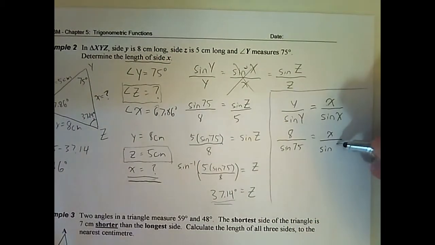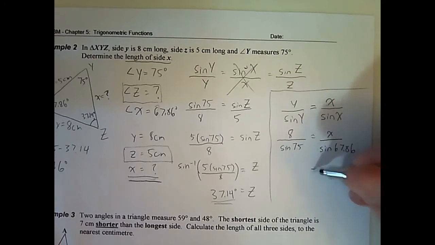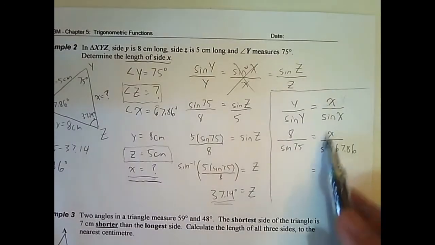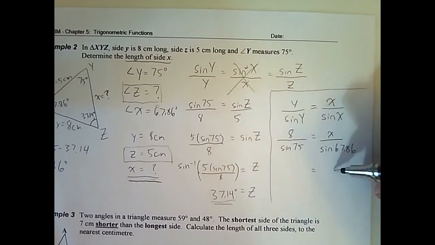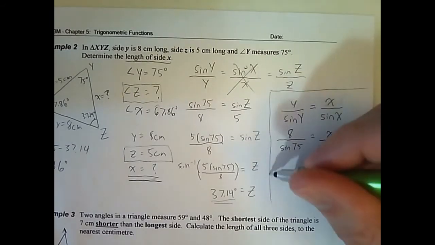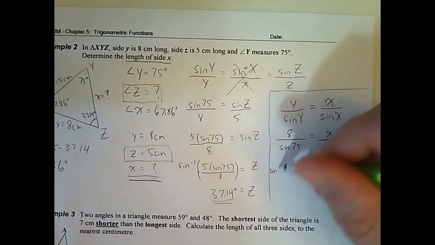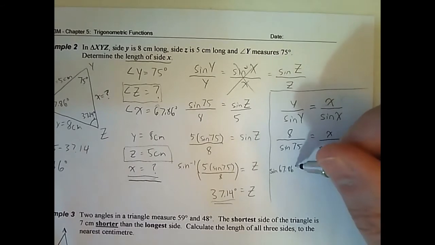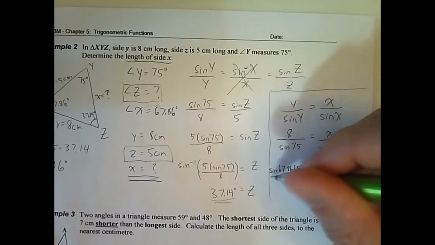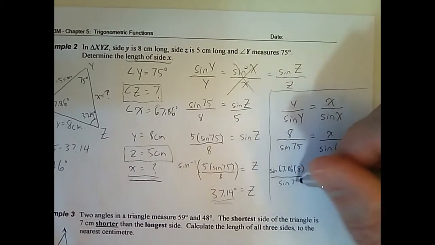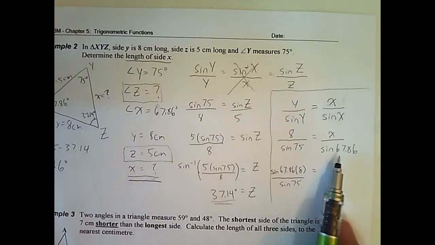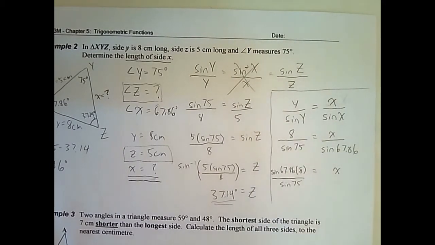So again, we put the unknown at the top of the fraction so that now, it's just going to be sine 67.86 times 8 all over sine 75. I'm just multiplying my denominator onto this side.